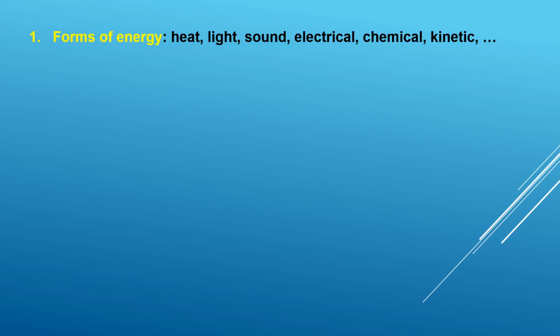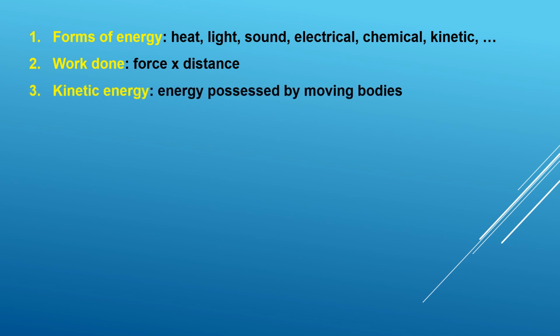So we have studied the forms of energy, which are heat, light, sound, electrical, chemical, kinetic, and gravitational potential energy. We studied about work done, which is obtained by multiplying the force and the distance traveled by the body.